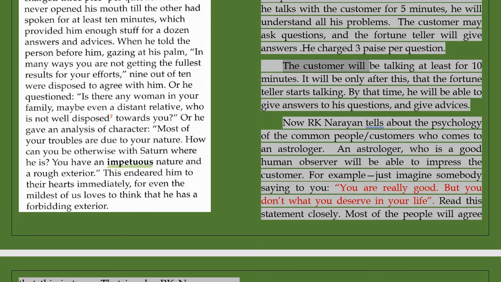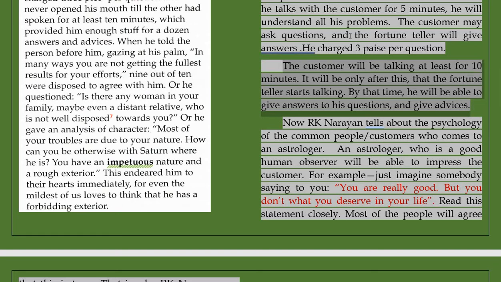The customer will be talking at least for 10 minutes. It will be only after this that the fortune teller starts talking. By that time, he will be able to give answers to his questions and give advices.